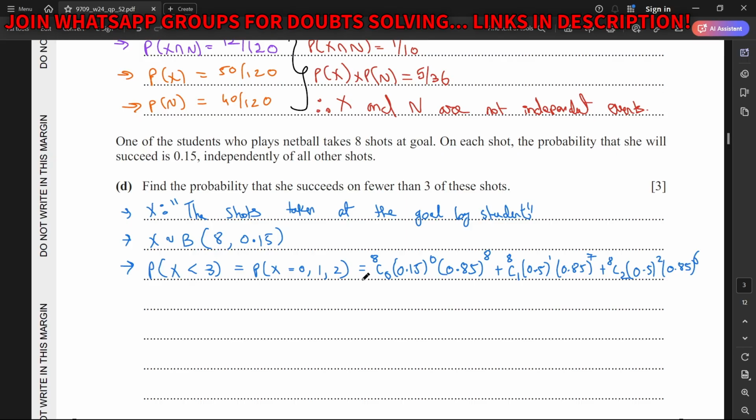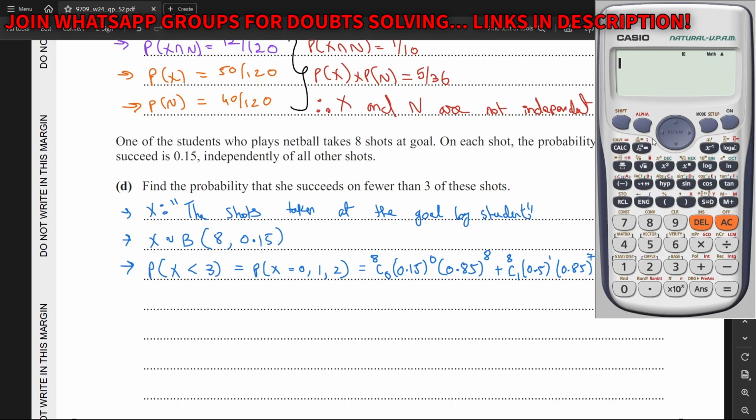And now if you want to solve this in CAIE very quickly, what you can do is you just open your CAIE and press the summation symbol and just mention 8. I'll mention this in the bracket, 8C and then alphabet X. Then multiply this with the probability of success 0.15 to the power of X into the probability of failure, which is 0.85 to the power of 8 minus X. And then X is going to go from 0 to 2.